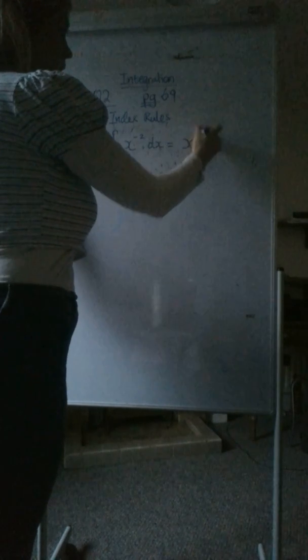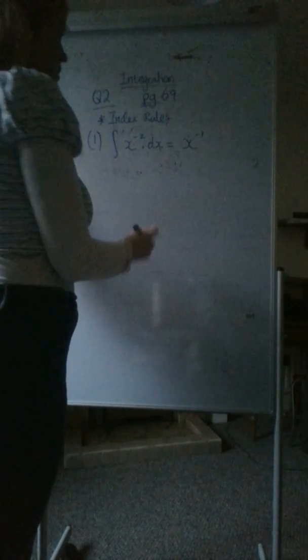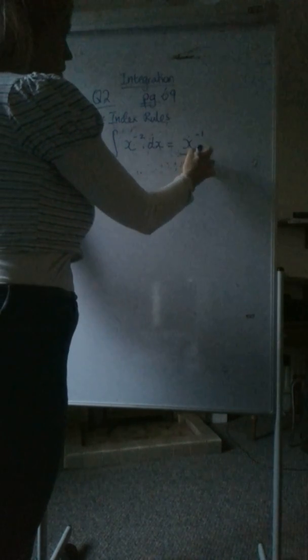If you increase minus 2 by 1, you'll get x to the power of minus 1. Then you divide by minus 1, and then add on your c. So that's x to the power of minus 1 over minus 1, plus c.